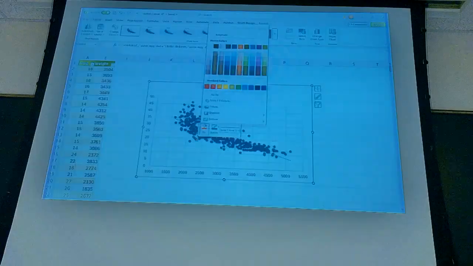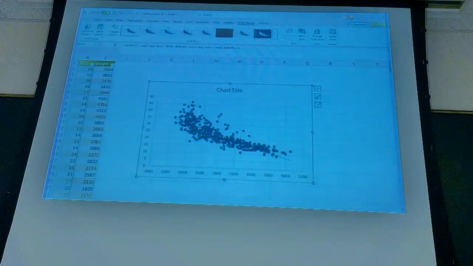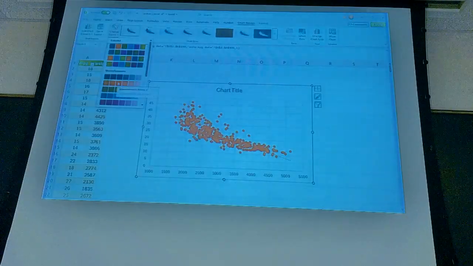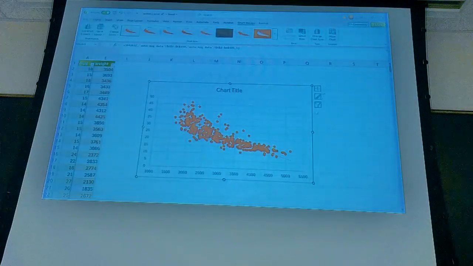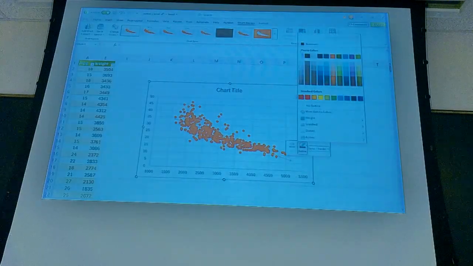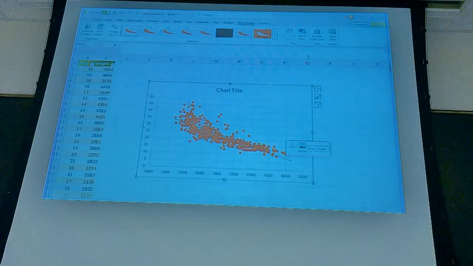That's only if I want out like that. Oh, the orange kind of sticks out better. And this I can be like 10 actually. Change the outline. There we go. It's black. Now it stands out.